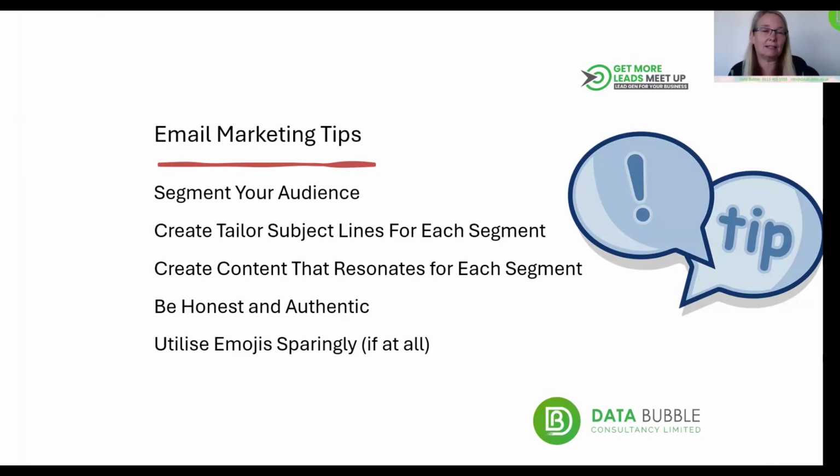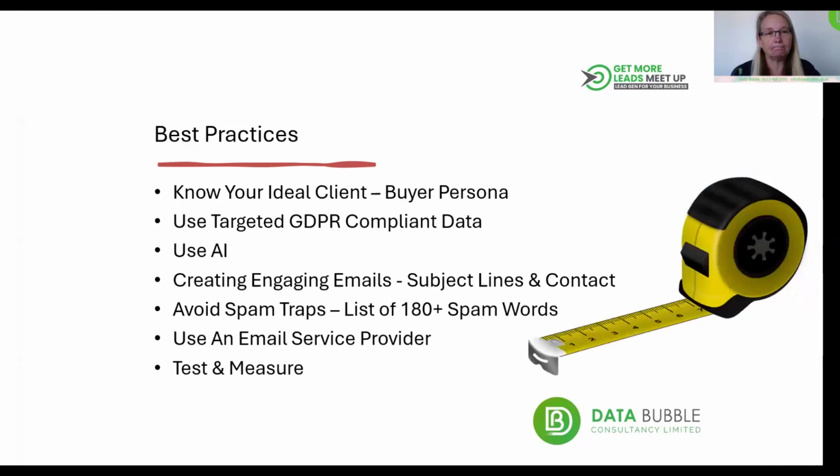Similarly with pictures, if the email is content heavy with a lot of pictures, that can get caught in spam traps. I personally use text messages when I'm doing email marketing, but that's my personal preference. If you are going to use any pictures, then use them sparingly.